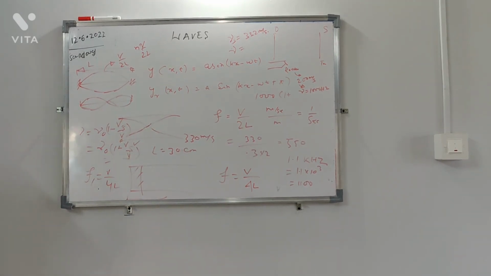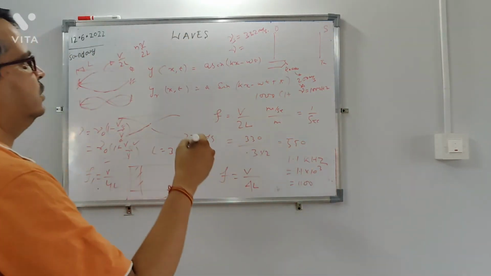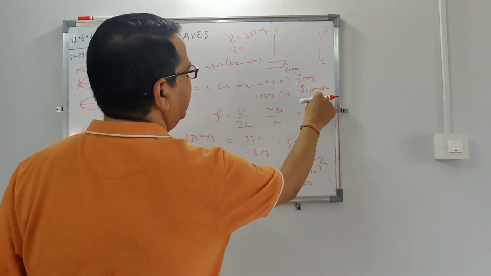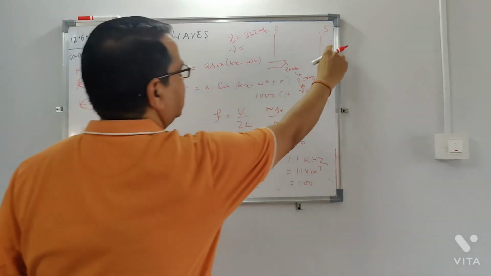What they are asking is the frequency of sound as detected by the target. This is my rocket and this is my target. It is emitting a sound of frequency 1000, but what will the target see?